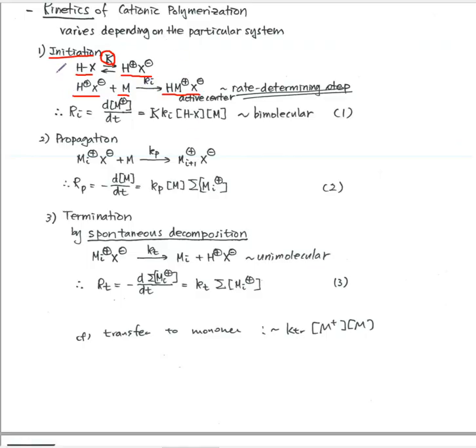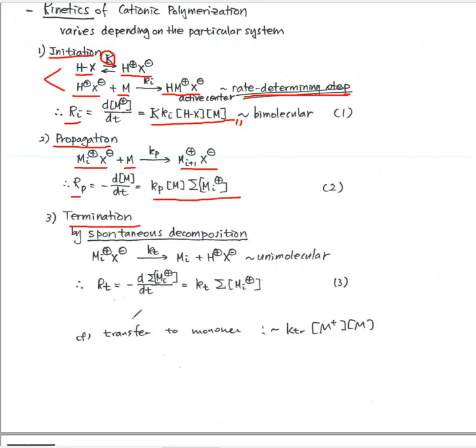The second reaction among these two is the rate determining step. This is slower. So the initiation rate can be written like this. If you rearrange these two, it involves the equilibrium constant and the initiation rate constant. And the propagation reaction of this with monomers forms a longer chain, so we can write the propagation rate similar to free radical polymerization.